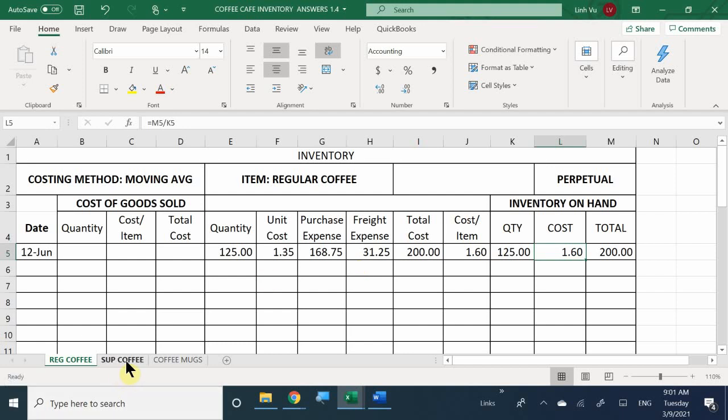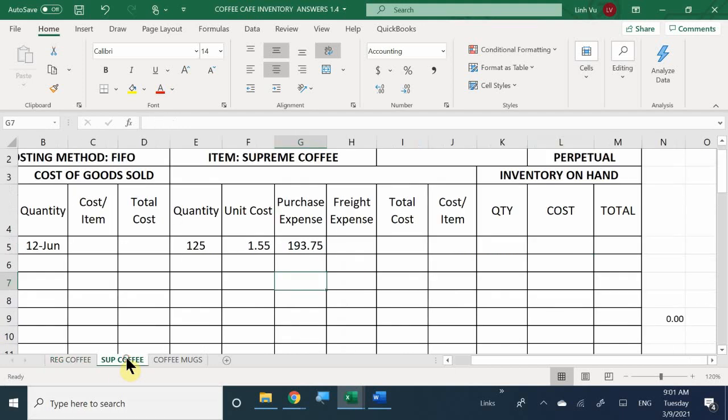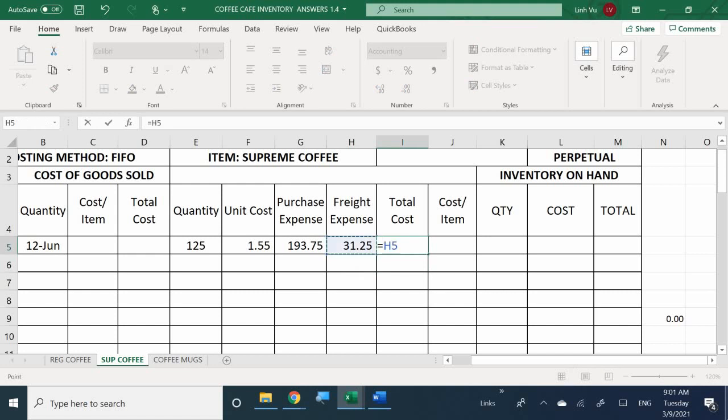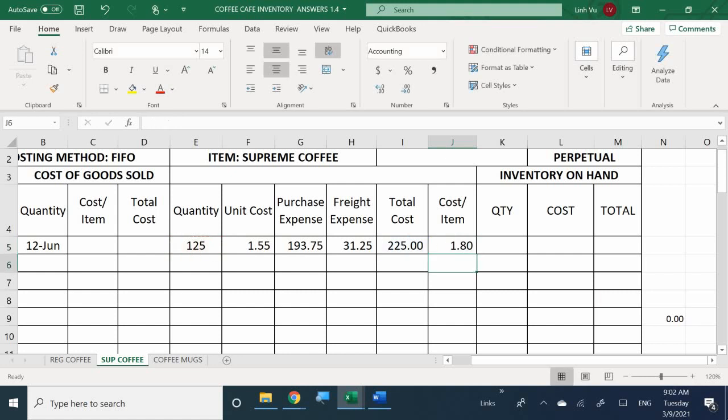All right. So I'm going to go ahead and go to my Supreme Coffee, and the freight was $31.25, bringing me a total cost of $225. And because I'm dealing with FIFO, let's see how much my cost per item is going to be for this particular batch. 180.